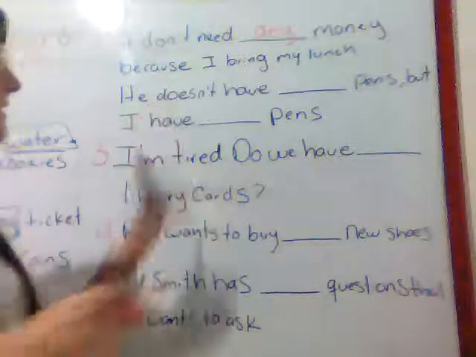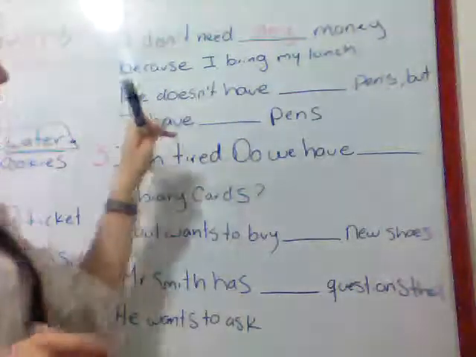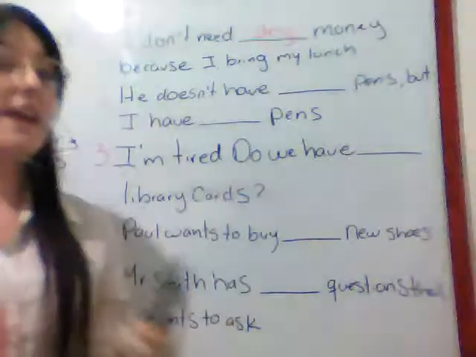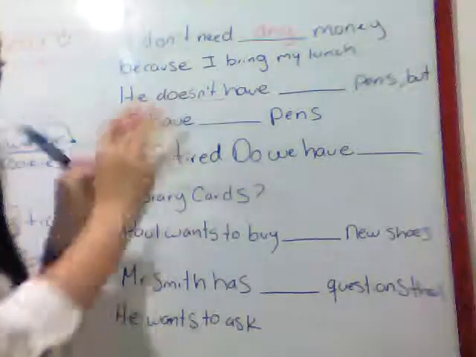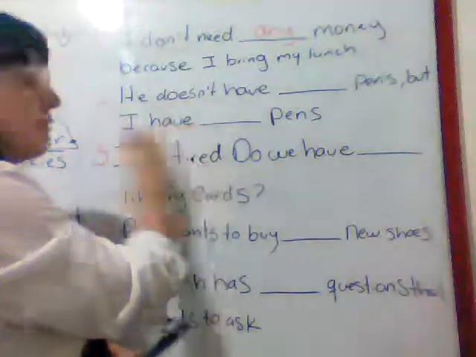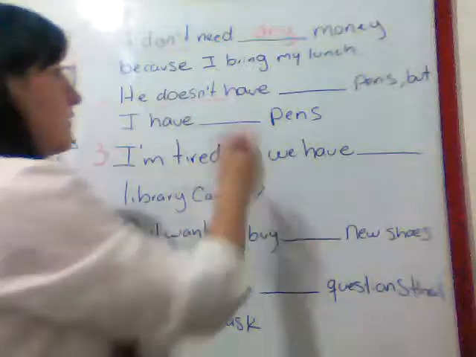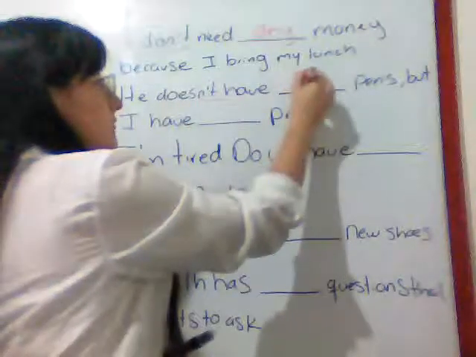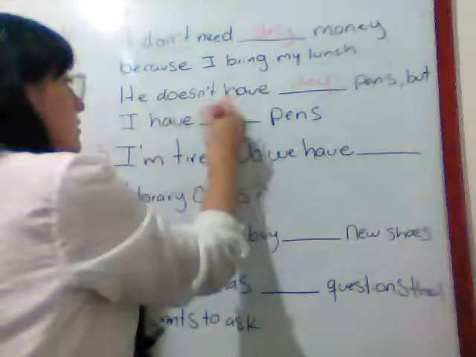The next: he doesn't have pens, but I have pens. In this sentence, we have a negative part and an affirmative part. So he doesn't have any, and I have some.